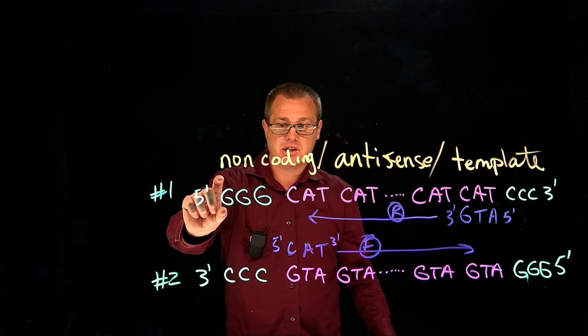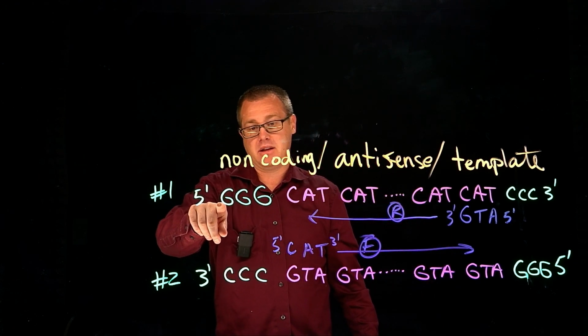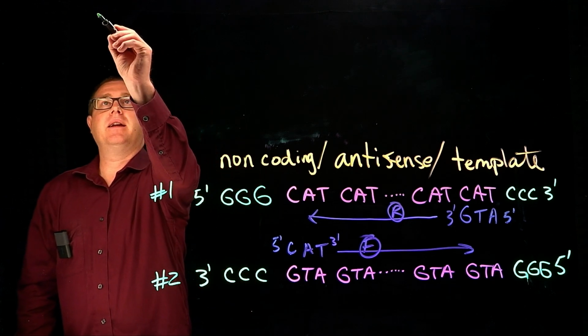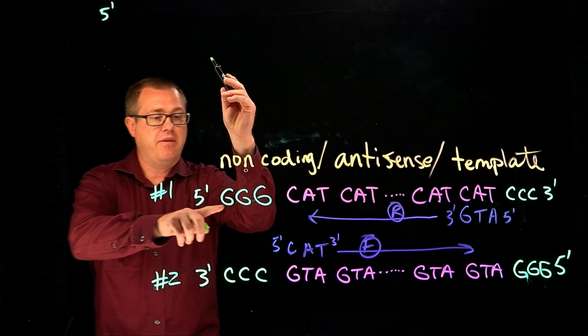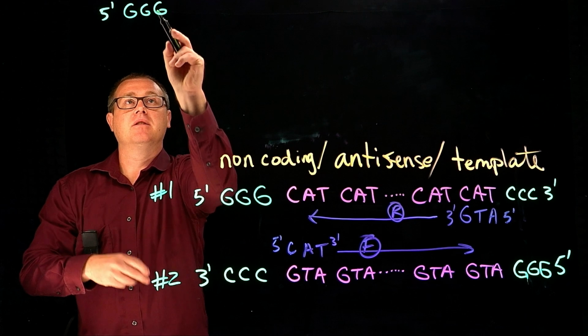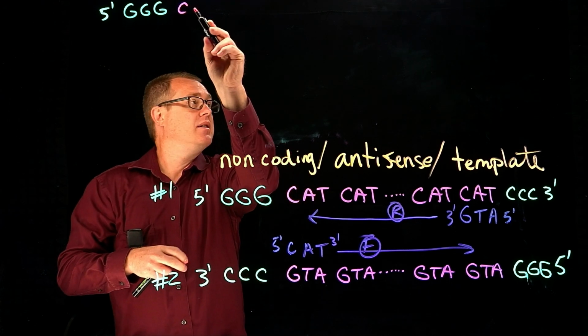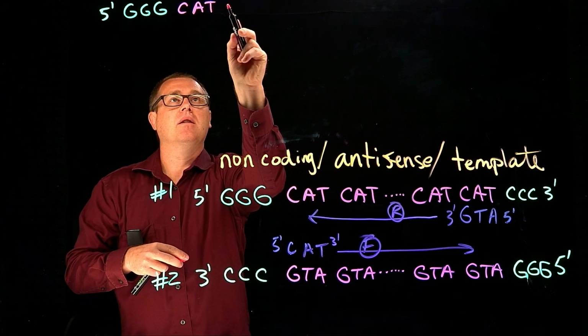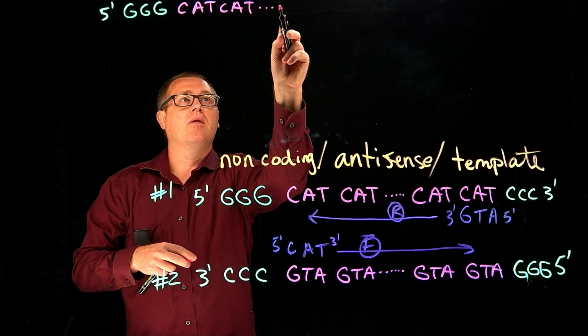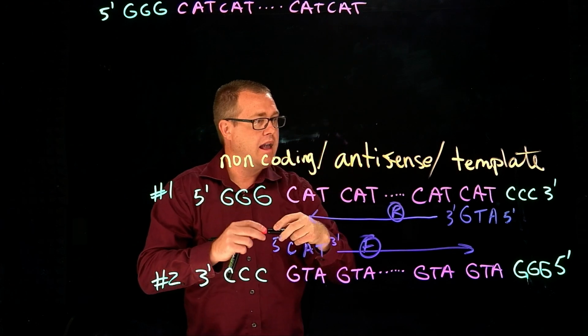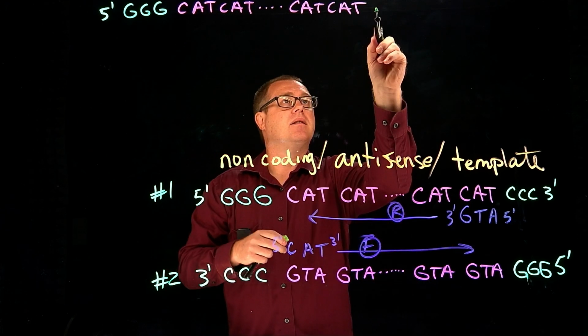So we have this top, the coding strand right here. And so let's write that right here. So we have a GG like this. We have the CAT. And then we have the CCC.